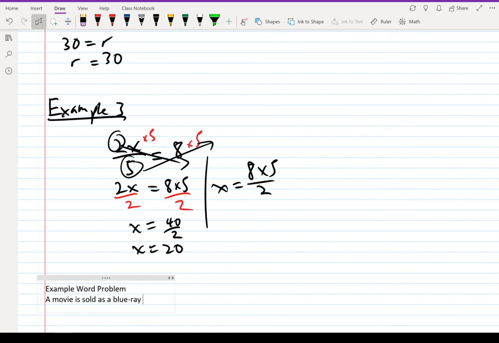Now the example from the textbook is DVD, but nobody uses DVD anymore. It's Blu-ray. A Blu-ray set that includes 7.5 hours of bonus or extended clips.